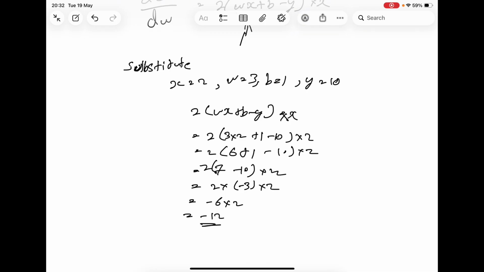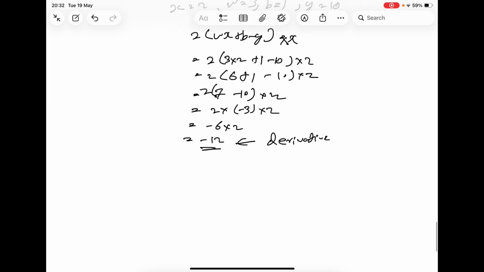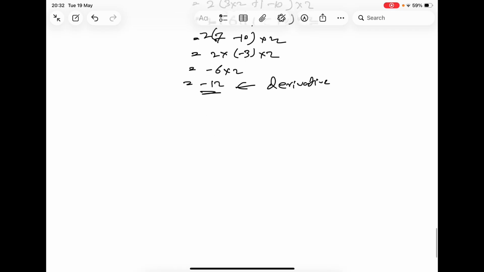So this is our answer. So this is our derivative, right?